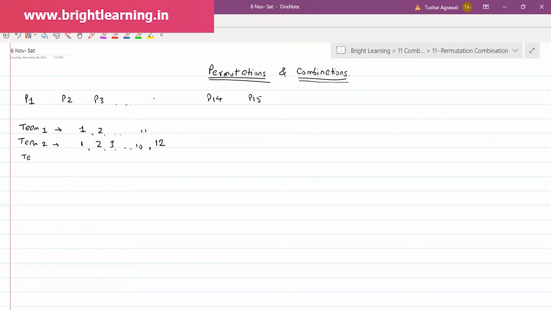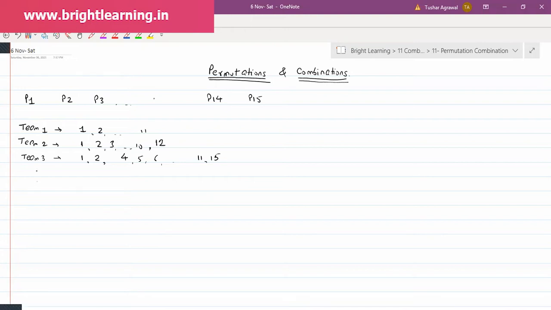Or yet another team would be, let's say, skip player number 3. Player number 3 is not in good form. So player number 1, 2, and then 4, 5, 6, and let's say 11 and 12, for example. Or you could have included 11 and after that 15 also, player number 15.